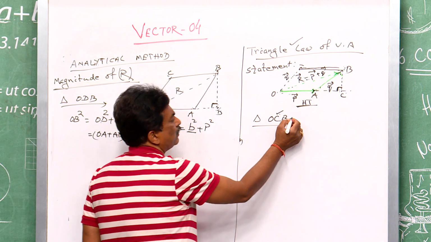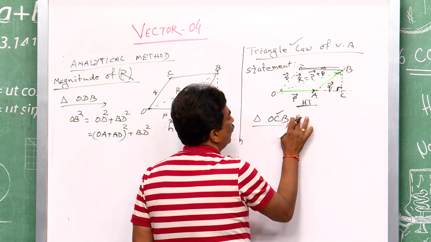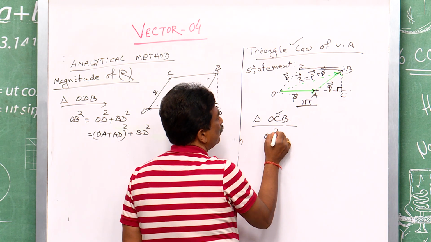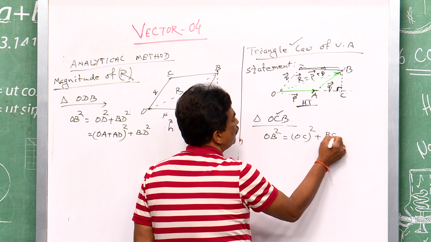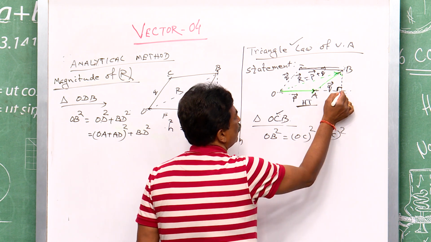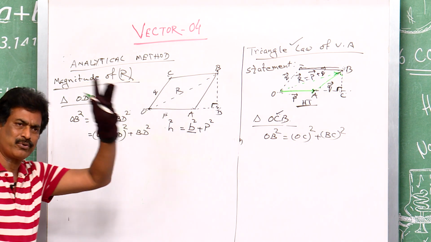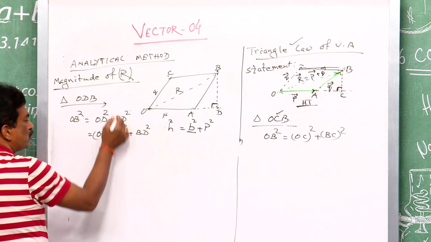And if you go for OCB, then what will it be? OB square is equal to OC square plus BC square. Likewise, we have proceeded in that class, and here also the same way.